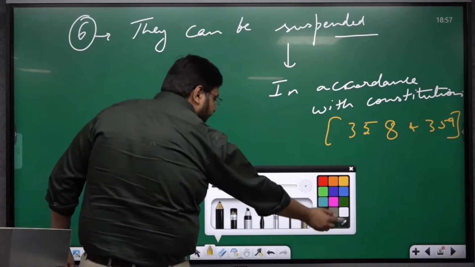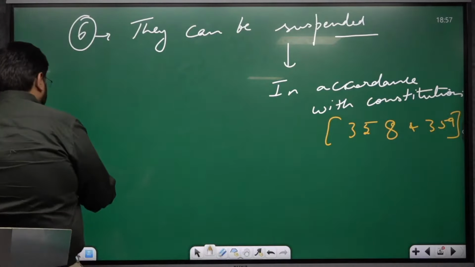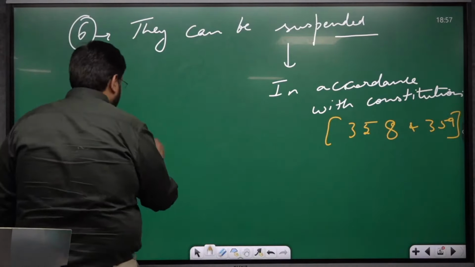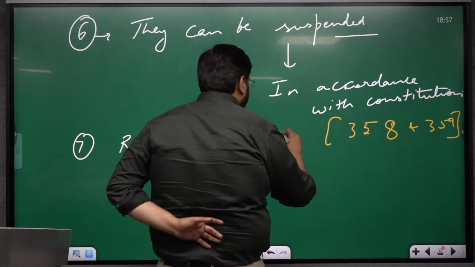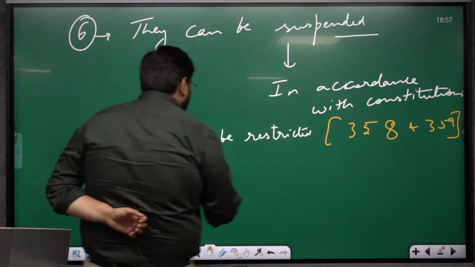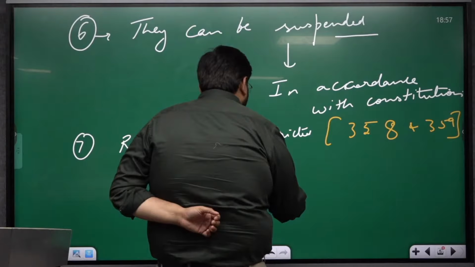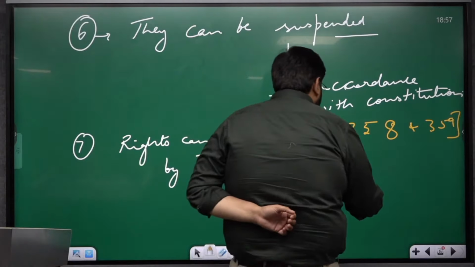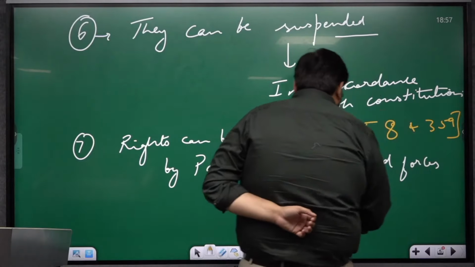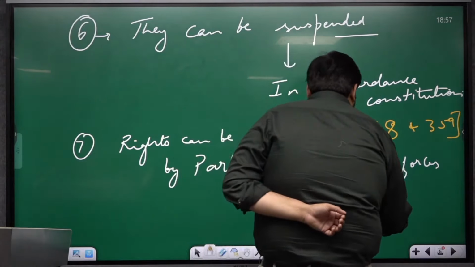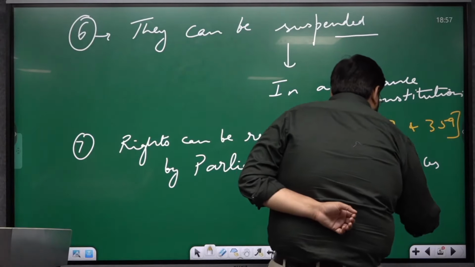Now, some rights can be restricted by the Parliament. For armed forces, intelligence agencies, etc. Right?